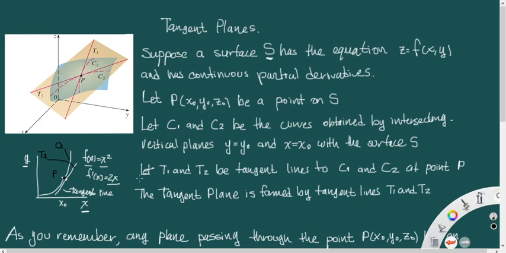Okay, once we are clear with that, we have two tangent lines, one tangent line for x and one tangent line for y.